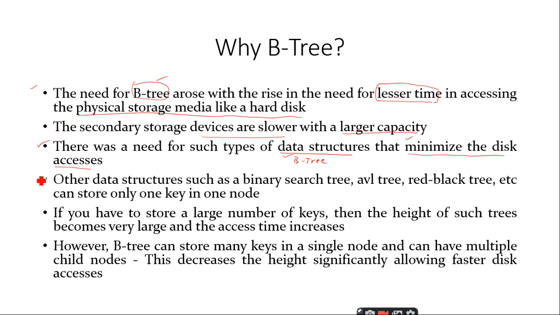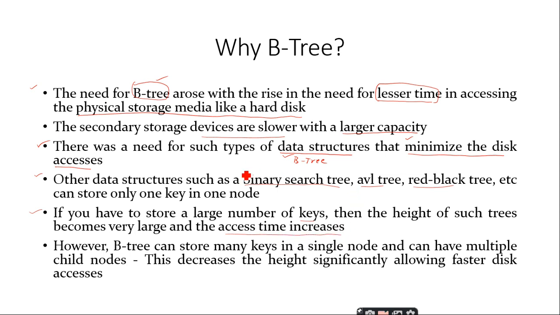Yes, sir. As we have discussed, the remaining trees like the binary search tree, AVL trees, and red black trees, every node stores only one key. But B trees have a special property where a node can store more than one key. Similarly, if you have to store a large number of keys, then the height of such a tree becomes very large and access time increases, right?